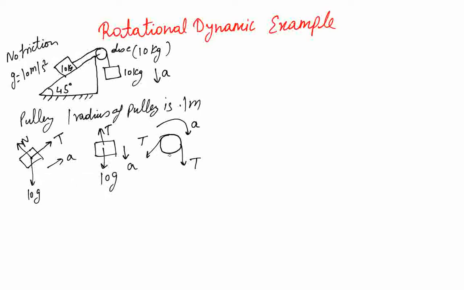How about this? Can this guy have a rotational acceleration a? Well, you see, if it has a rotational acceleration a, it will have angular acceleration a over r. And there is angular acceleration only when there is a net torque present. We already remember that sum of torque equals I alpha.